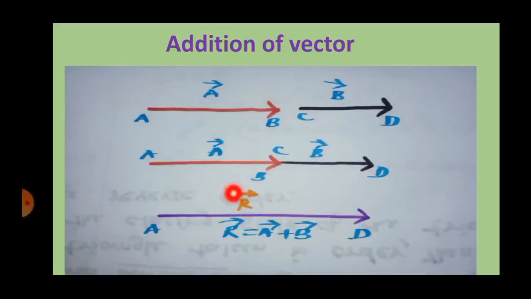R vector acts in the same direction as that of A vector and B vector. In order to find the sum of two vectors which are inclined to each other, the triangle of vectors or parallelogram of vectors can be used. Then go to discuss triangle of vectors.